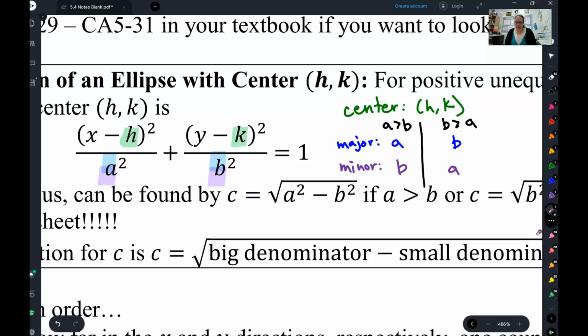Now notice that the number in these equations is a squared and b squared. So kind of like we had with the radius of a circle, we will need to take whatever this number is and square root it to get what the axis actually is. And it's that amount of axis on each side from the center.